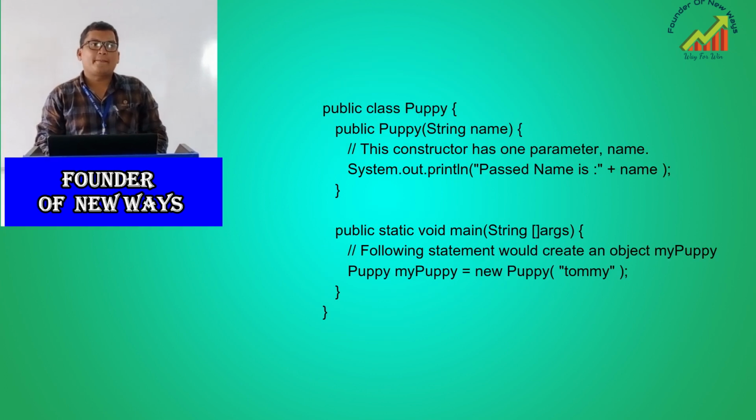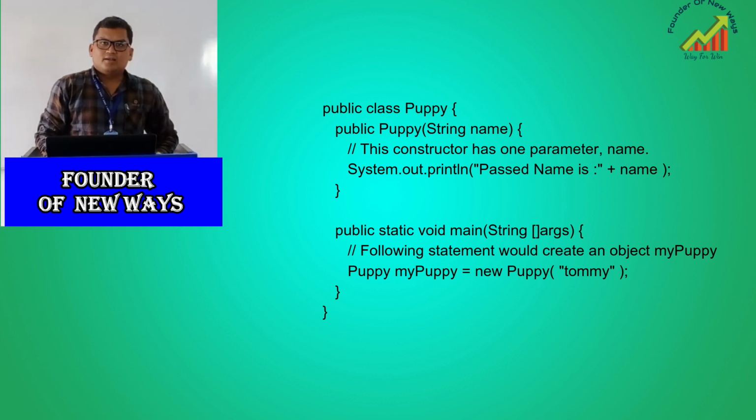You can see here there is a class Puppy and the constructor name is also Puppy, and this constructor has one parameter, name. Java also supports singleton classes where you would be able to create only one instance of a class. We have two different types of constructors. We are going to discuss constructors in detail in a subsequent video.